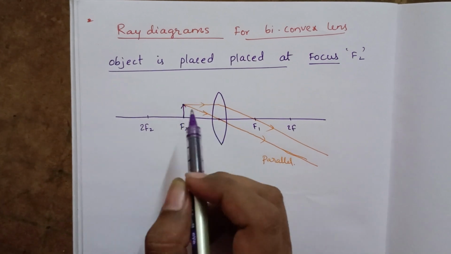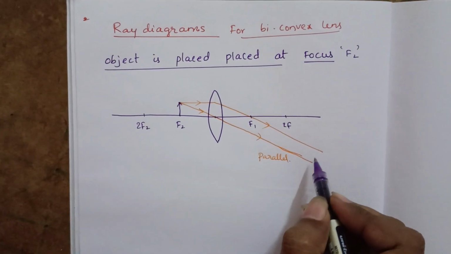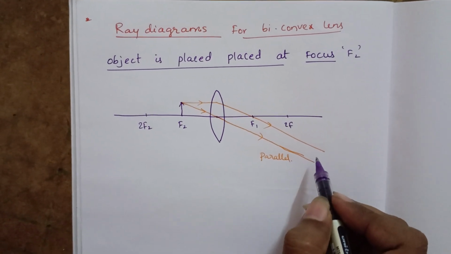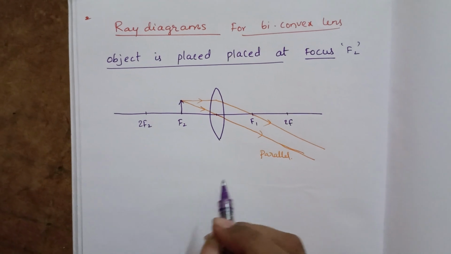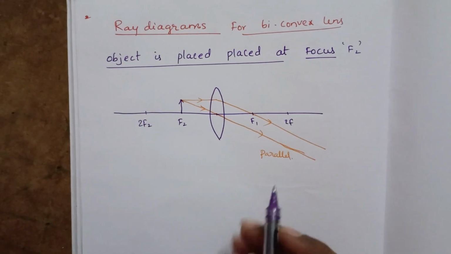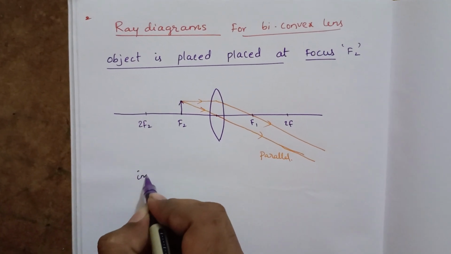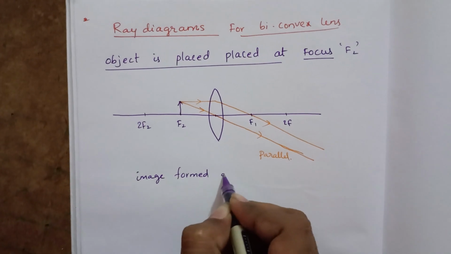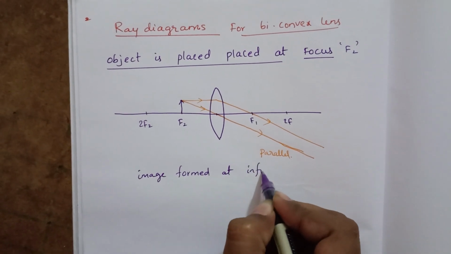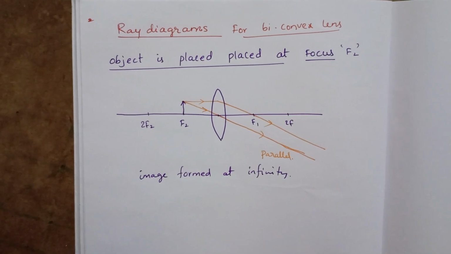If you extend backward, they won't meet. So these two are not meeting at any point. So we consider they will meet at infinity. So the image is formed at infinity.